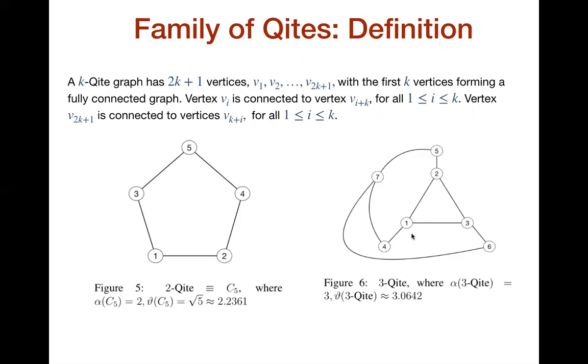In this case, we have k equal to 3, so we have 1, 2, and 3. In the next step, we add a node for each of the nodes in the first layer, so we have 4, 5, and 6. And in the third step, we add another extra node, which is 7, and join it to all the nodes in the second layer. So 7 is connected to 6, 4, and 5. One can note that for k equal to 2, this turns out to be the pentagon. And one can also extend the same construction for every k.